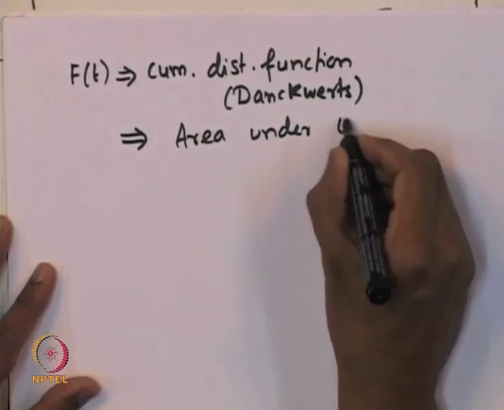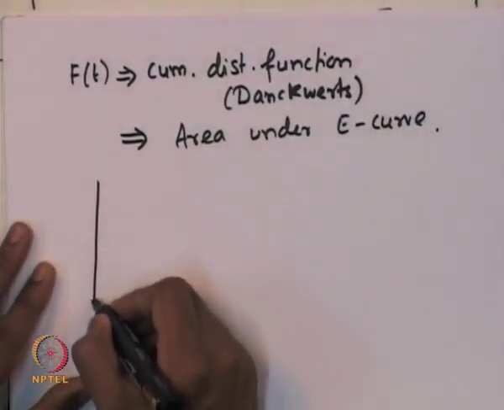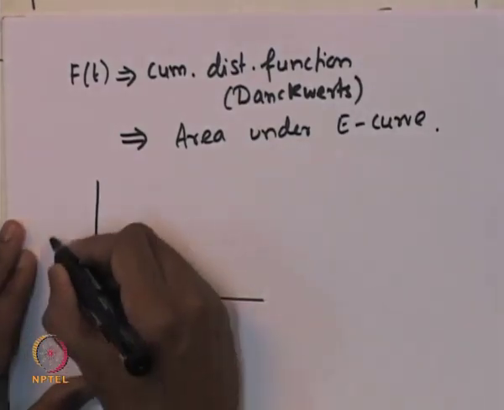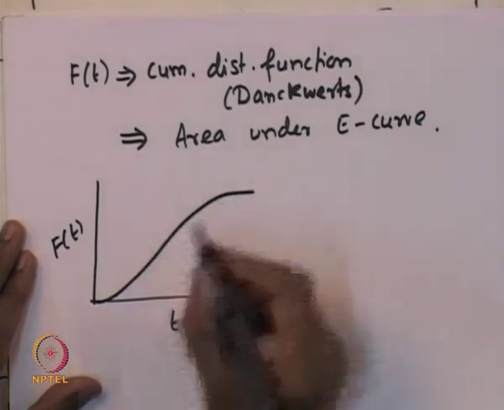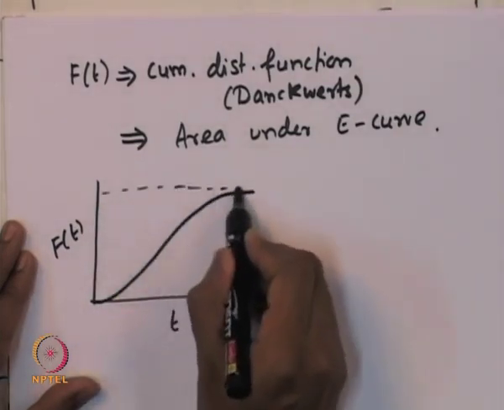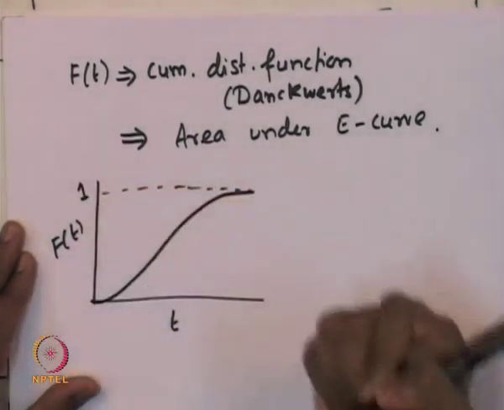If we sketch F(t) versus time, the maximum possible value that the F curve can take is exactly equal to 1.